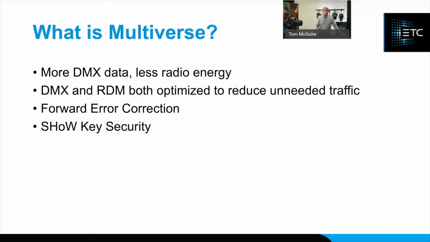There is error correction in the system, and there is show key security. This is great where you might have two systems nearby that you don't want to interact with each other, or you just want to lock your system down. Without that show key security you can't actually be connected to that multiverse system.